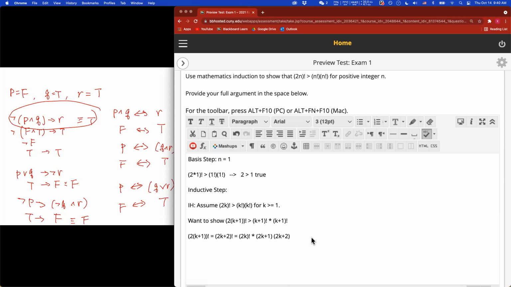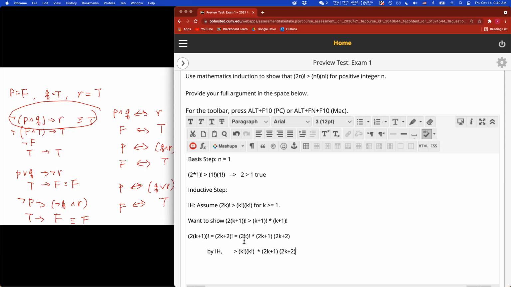Okay, so we know by inductive hypothesis, this is greater than k factorial times k factorial times 2k plus 1 times 2k plus 2.